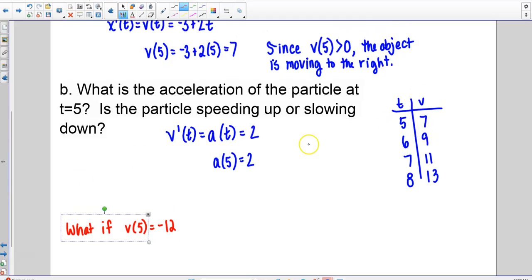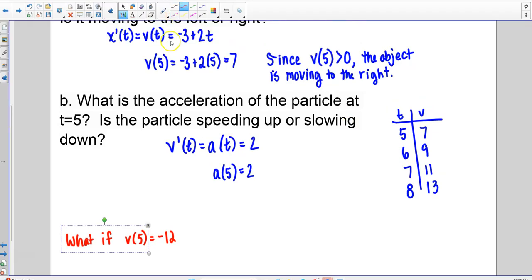In this particular case, because the acceleration is 2, the velocity would just keep going up by 2, right? So the slope of that velocity is 2. Now, if we had a more complicated equation where our acceleration wasn't just 2, it was like 2t or 2t squared plus 7, then we wouldn't see that exact same thing happening. It would be a more complicated scenario. But since our acceleration is constant, we're going to see that being the slope of our velocity here.